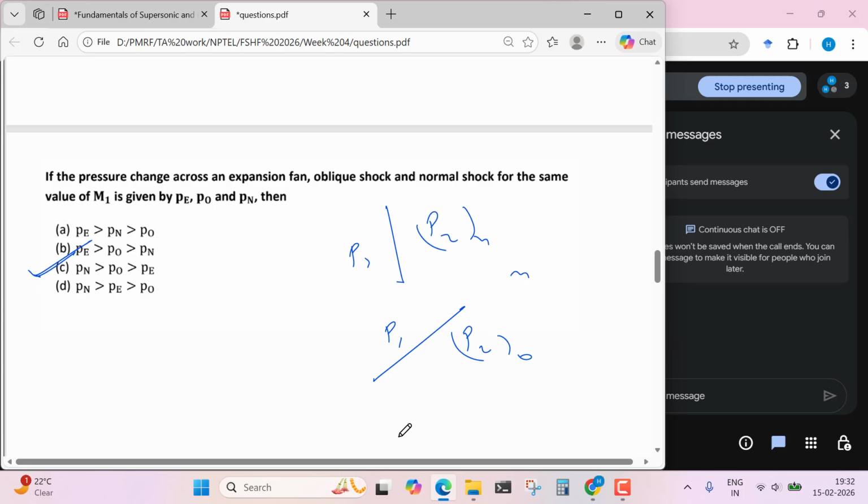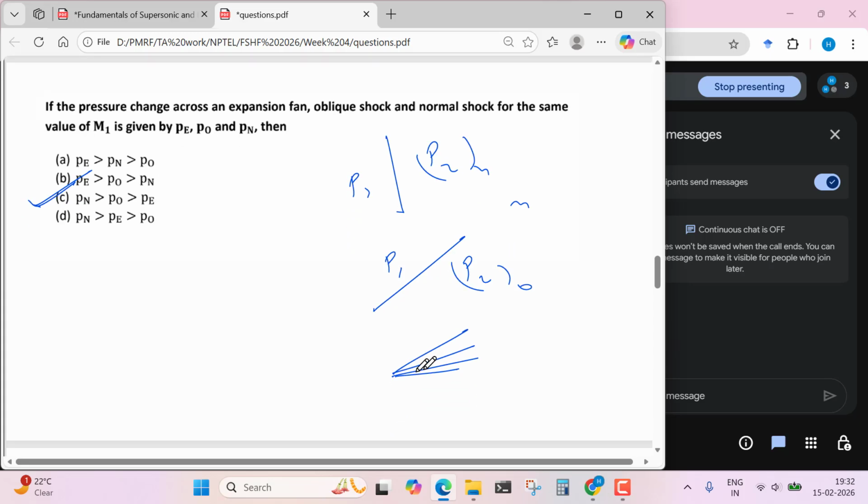And let's say this is an expansion fan. I'm not drawing the geometry, but okay. Here pressure is P1, here pressure is P2.